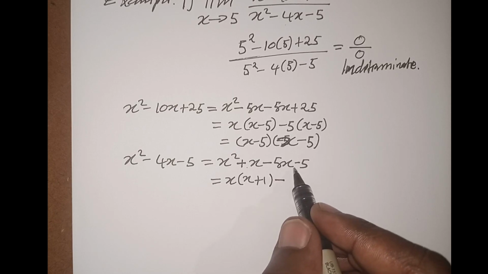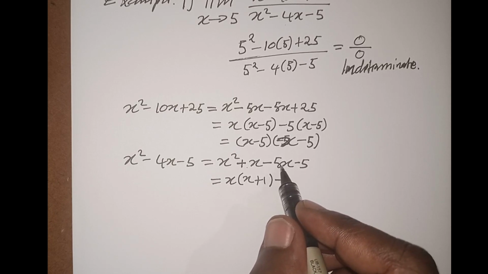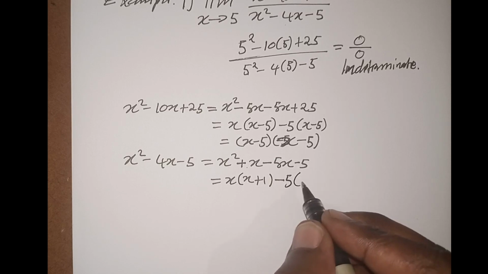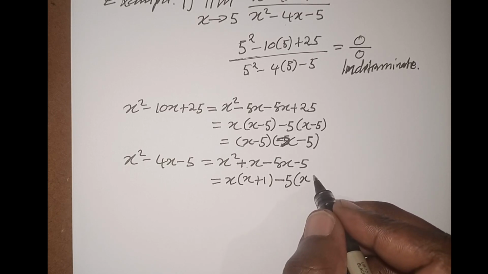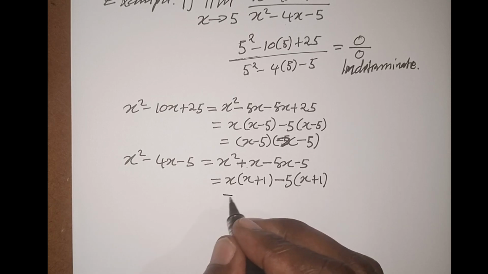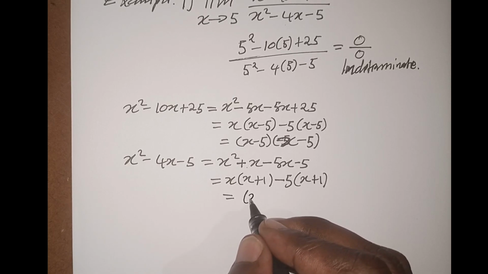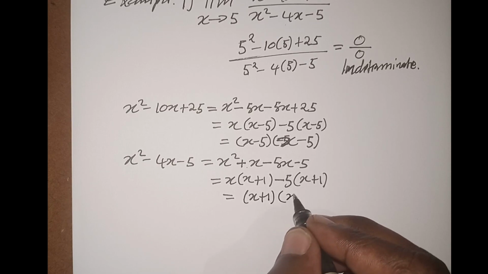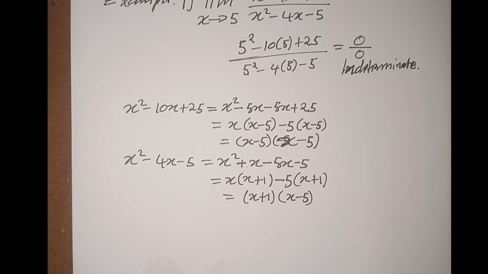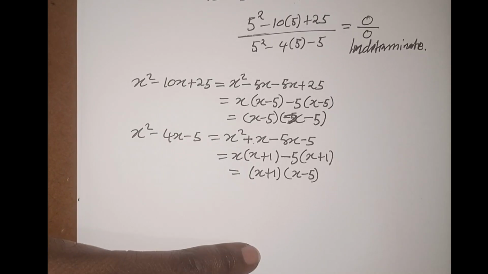Factorize what is common, which is negative 5, in the last two terms. Factorize negative 5. Here remain with x, there remain with a 1. Then factorize x plus 1. Okay, you're going to have x plus 1, x minus 5. This is the numerator, the denominator in factored form.